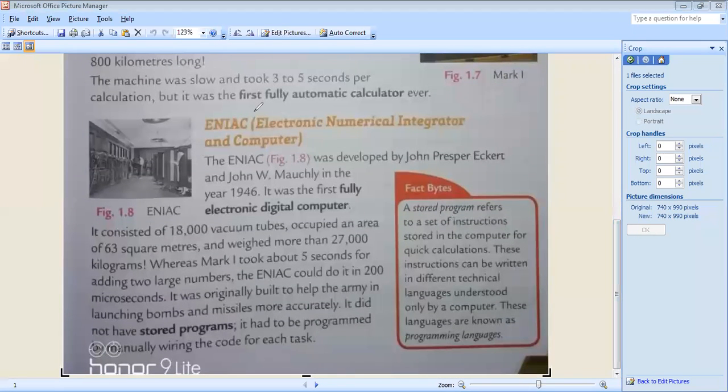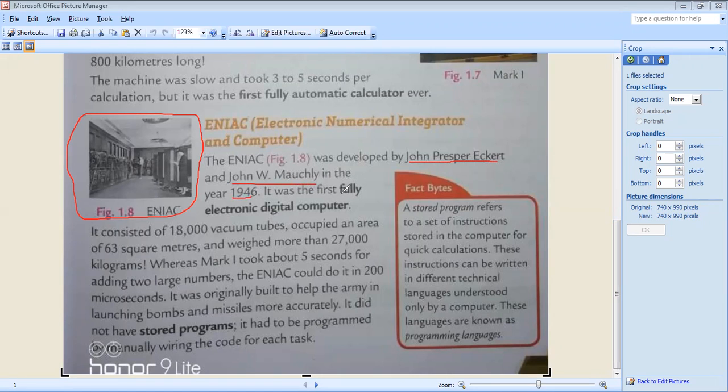Then came ENIAC. ENIAC stands for Electronic Numerical Integrator and Computer. You can see the figure here and how large it is. The ENIAC was developed by John Prosper Eckert and John W. Mauchly in the year 1946.